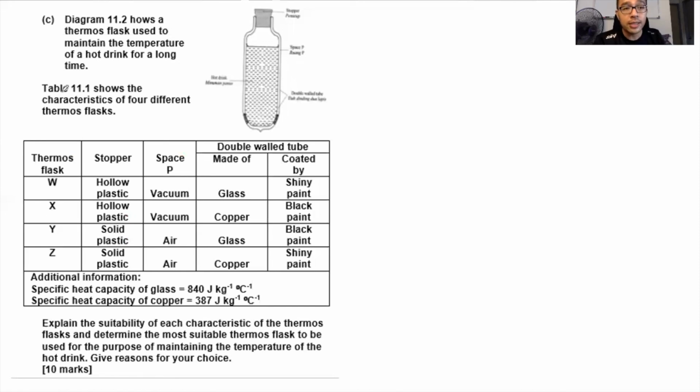This is a section B question, which you can still answer in table form, except that our table has characteristics, and over here is the explanation.